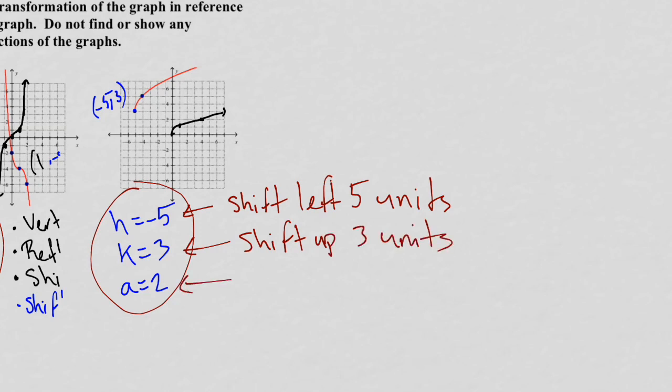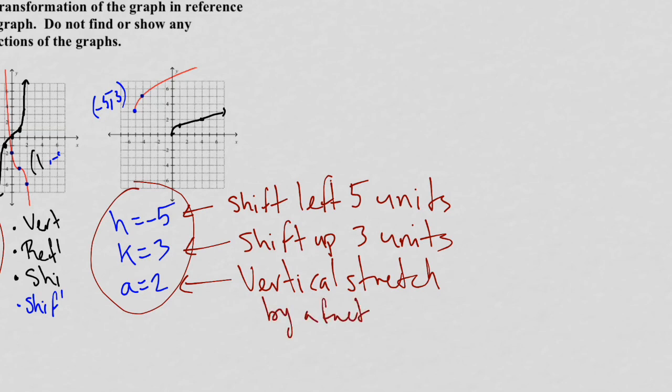And this one right here says vertical stretch by a factor of 2. There you go. And by the way, I didn't in this case, but we should always use A and B first. Describe those two things first before H and K, because stretches are multiplications and those should be first.